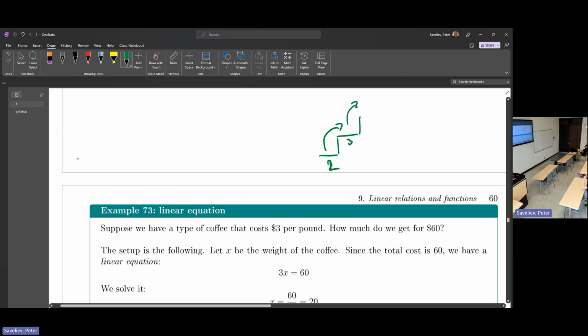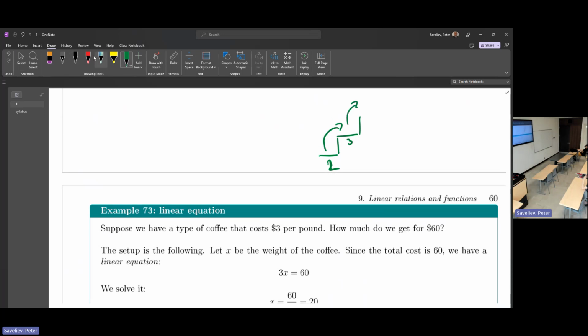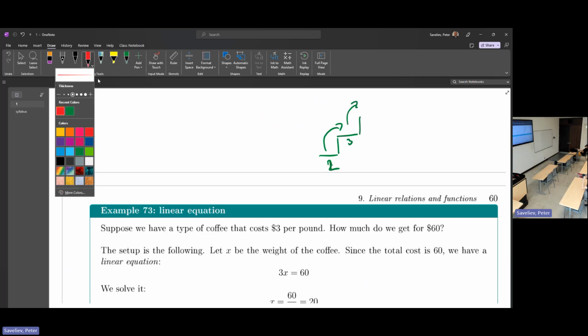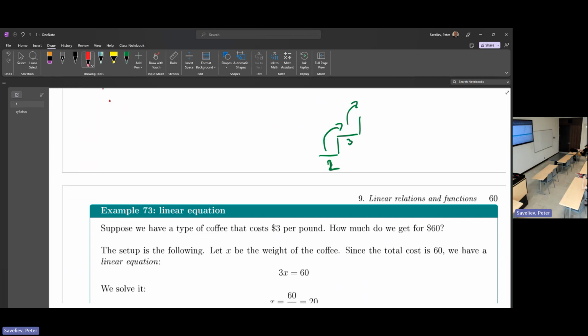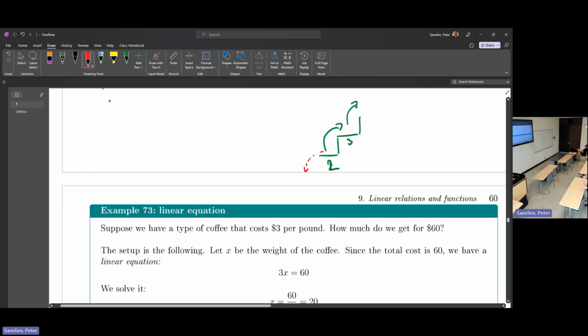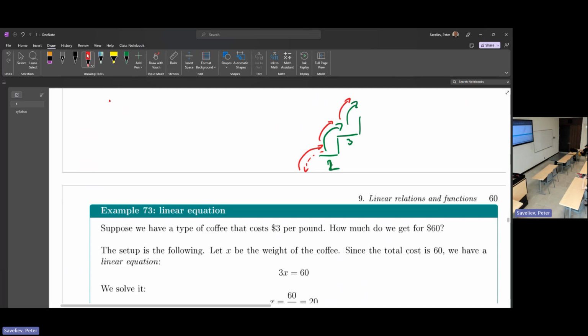But alternatively, what we're going to pursue is going down one stair. In other words, we want to learn how to climb stairs before climbing.